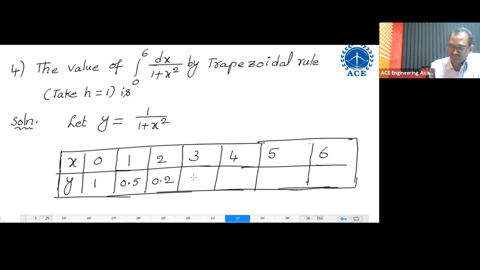X equal to 3 gives 0.1. What is the y value when x is equal to 4?